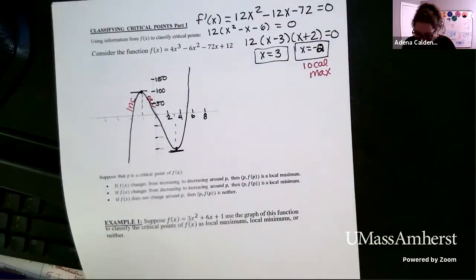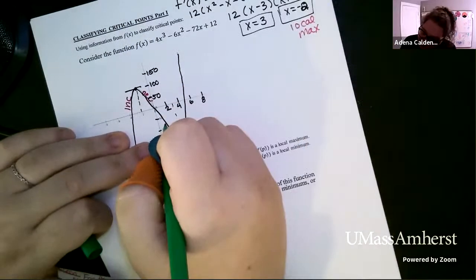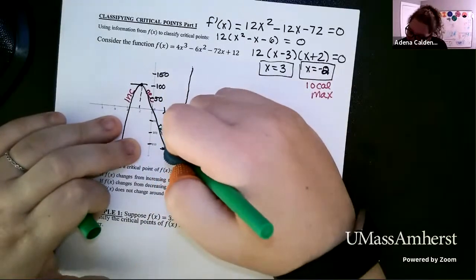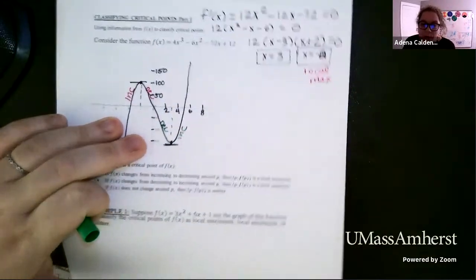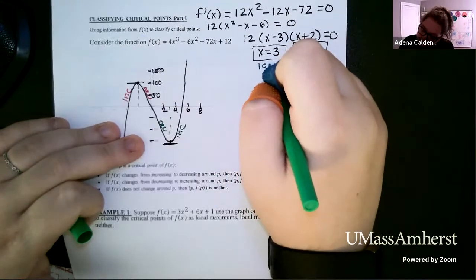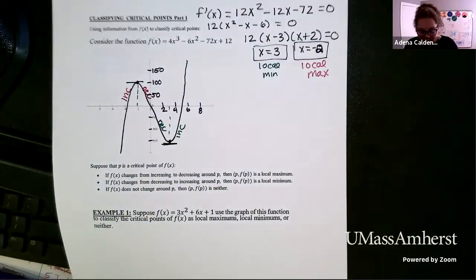Similarly, if we consider what's happening at 3, we can see that we start off decreasing before our critical point and increasing after our critical point. So if we go from decreasing to increasing, that makes it a local minimum.